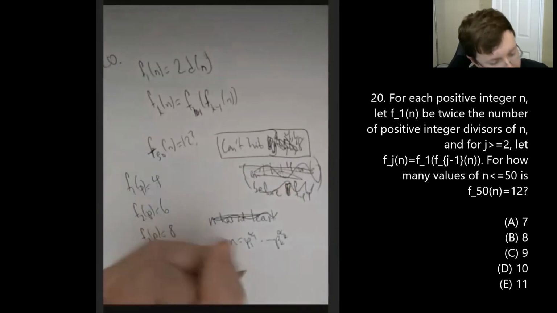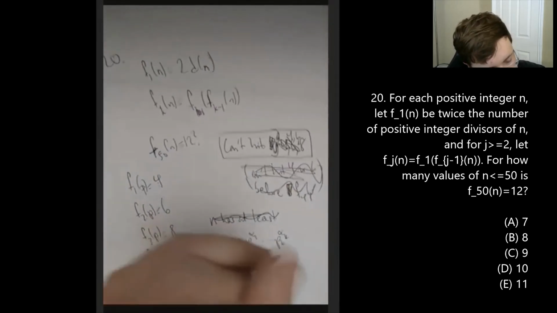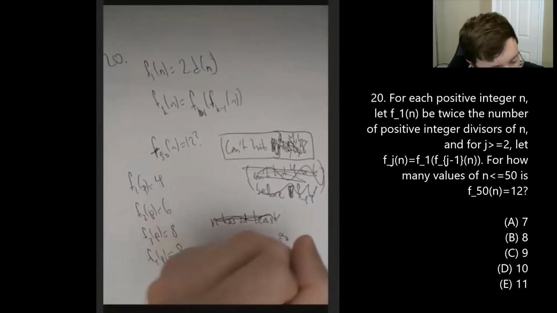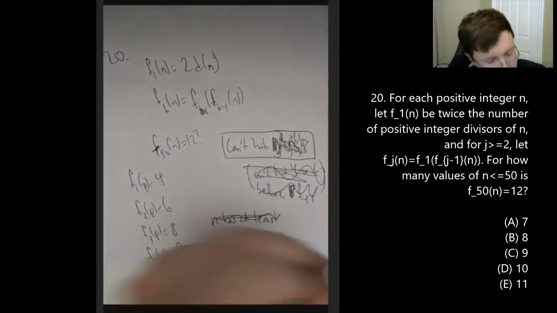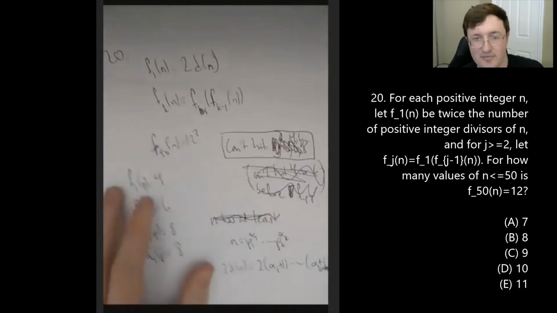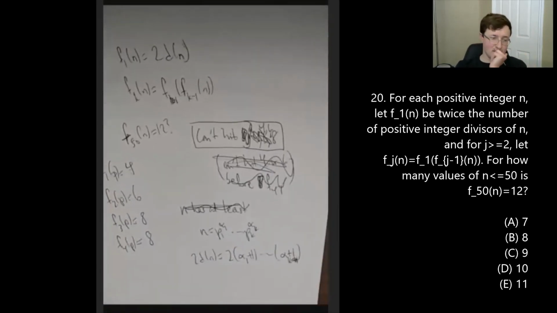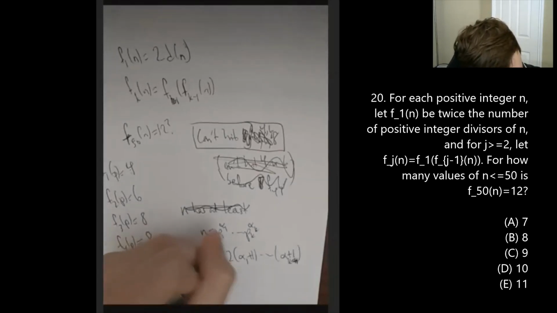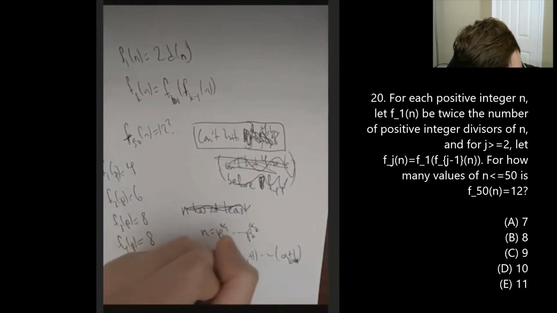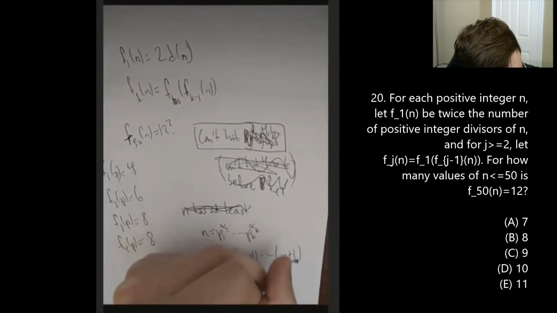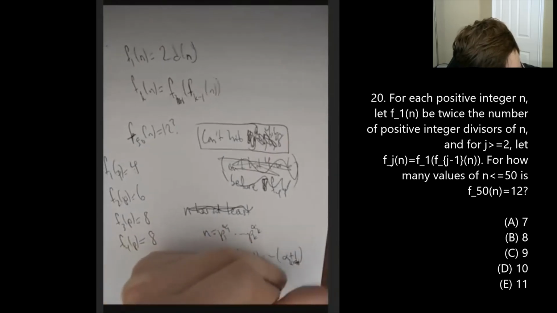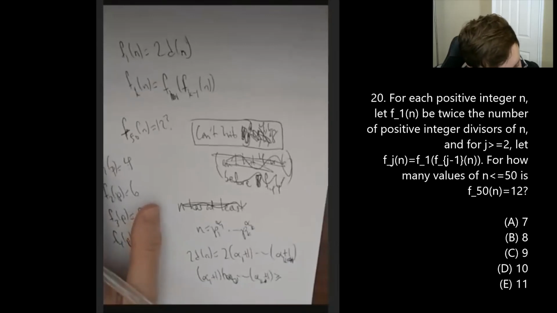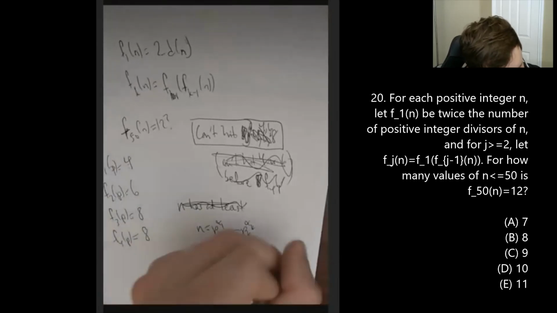So the number of divisors is alpha 1 plus 1 up to alpha k plus 1, and twice that can't be 4, 6, or 8. I'm never going to get 1 unless n is 1, so that's not that interesting. So the product of alpha plus 1 can't hit 2, 3, 4, so it's at least 5.